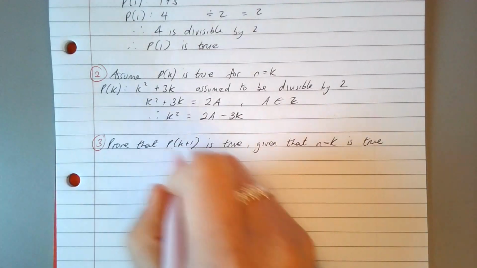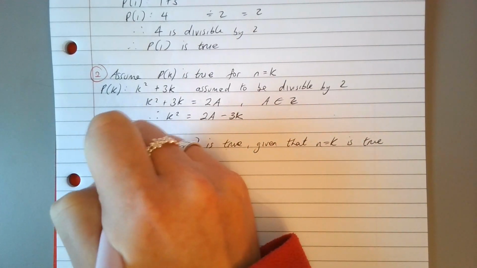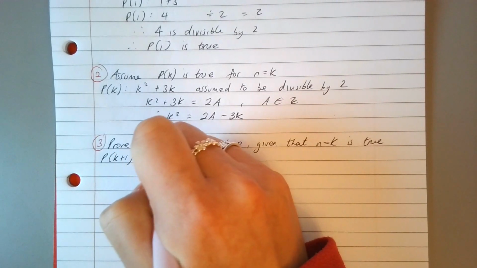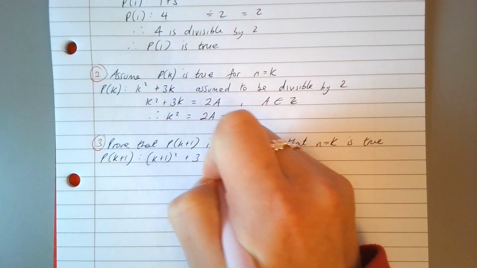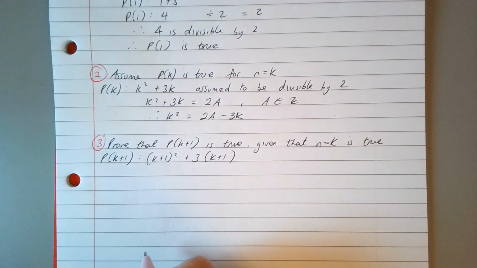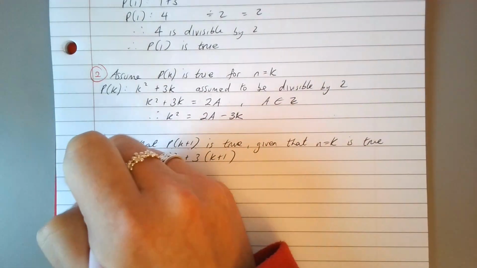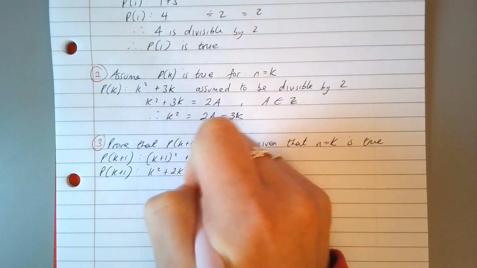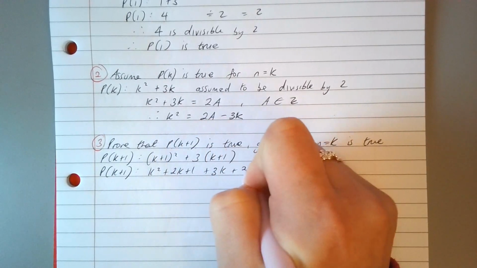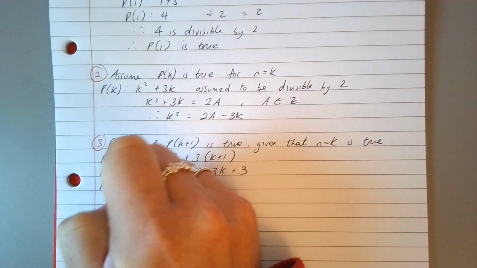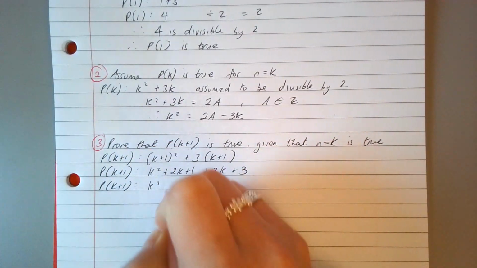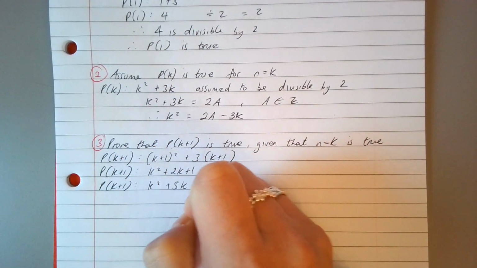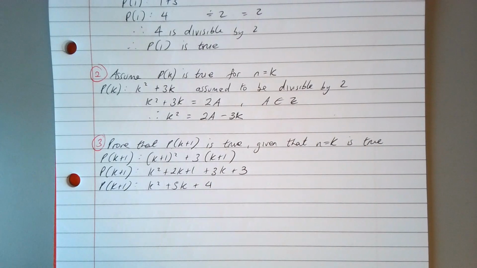And we'll sub in k plus 1. pk plus 1 is k plus 1 all squared plus 3 times k plus 1. And we're just going to tidy that up a bit. k squared plus 2k plus 1 plus 3k plus 3. So we're still just tidying it up a small bit. k squared plus 5k plus 4. So that's that tidied up.